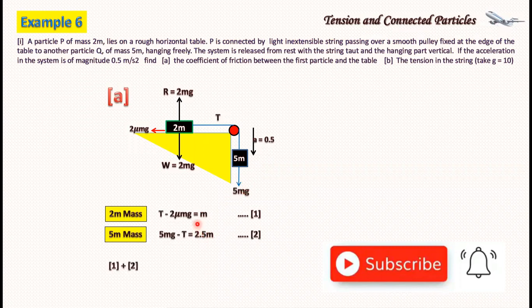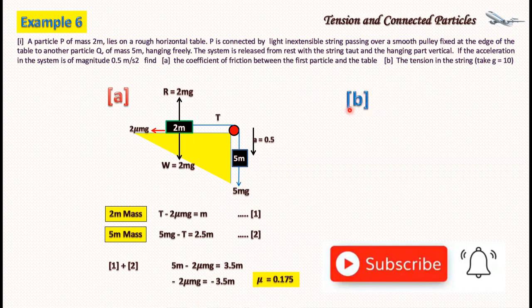From here, if we add the two equations, we are going to have 5m minus 2 mu mg equal to 3.5m, and we will have mu equal to 0.175, taking g as 10. Now for the B part, we have to find the tension in the string.